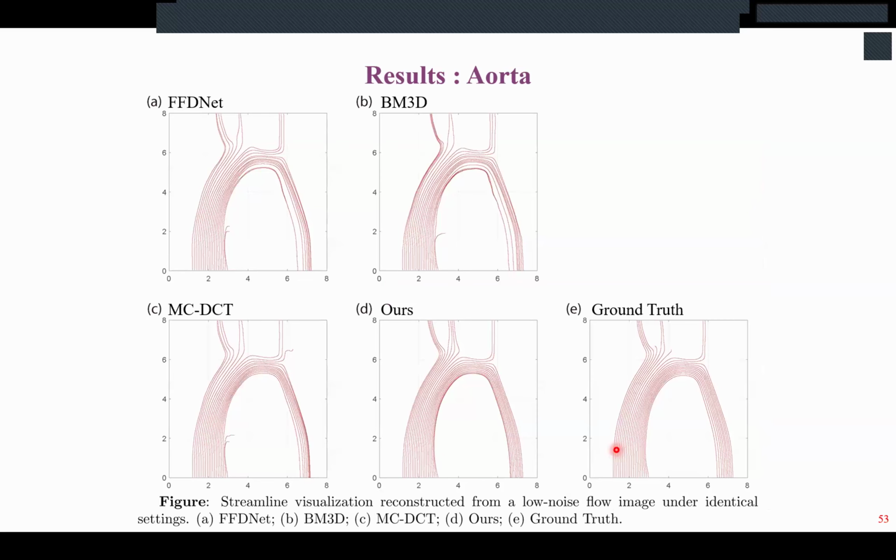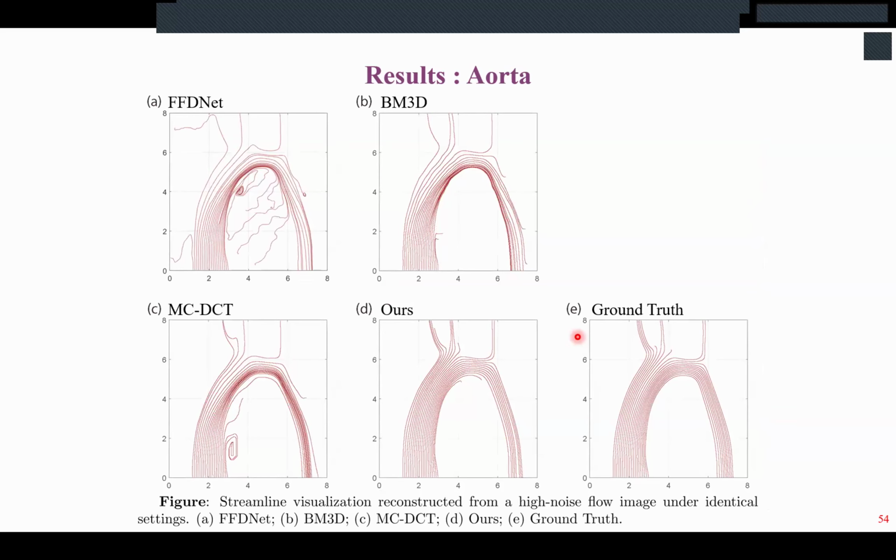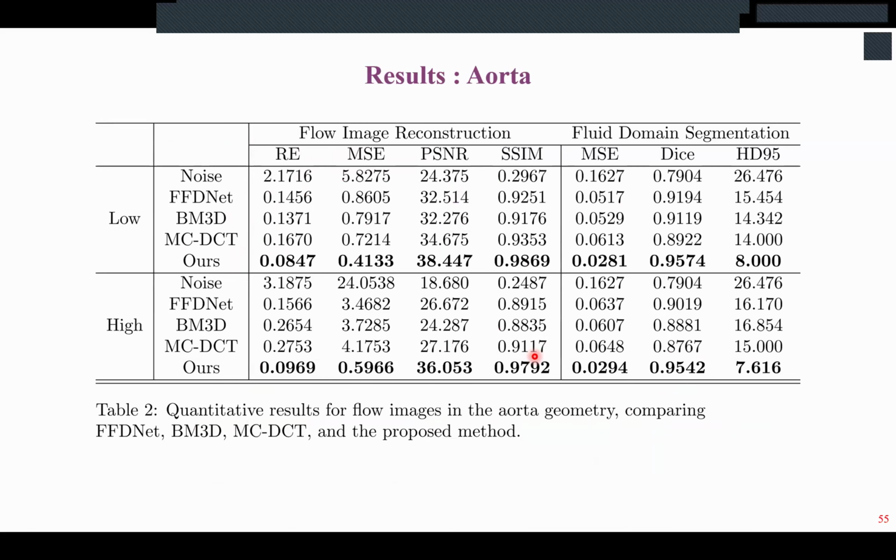We also plotted the streamlines from those reconstructed images. This is for the low noise, where you can see the conventional methods behave somewhat okay. For the high noise, they are just not usable, while our method could still bring out reasonable streamlines. In terms of the quantitative results, ours achieves the best.